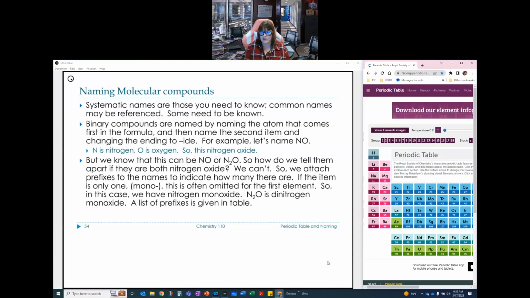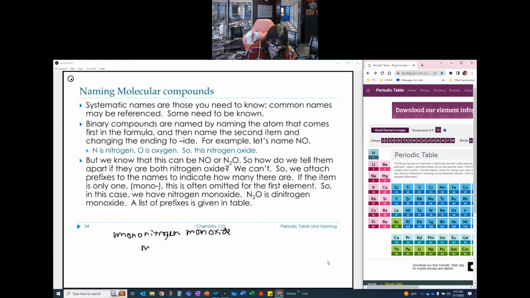And the way that we indicate that is by using prefixes for each of those names to indicate how many there are. Now, there is an exception. If it's the first thing, and there's only one of them, we can leave off the mono. Okay, so that is always right. You can always indicate it, but it doesn't necessarily need to be there. So I wouldn't necessarily have to list this as mononitrogen monoxide.